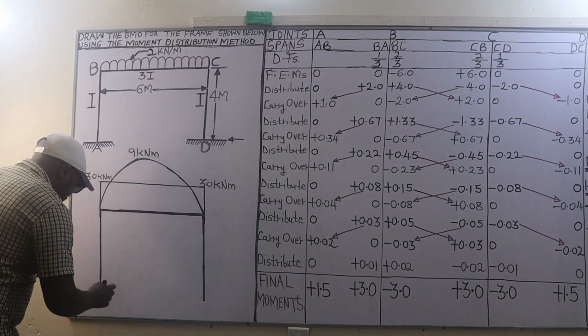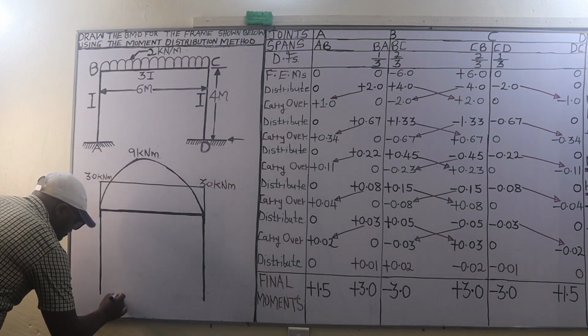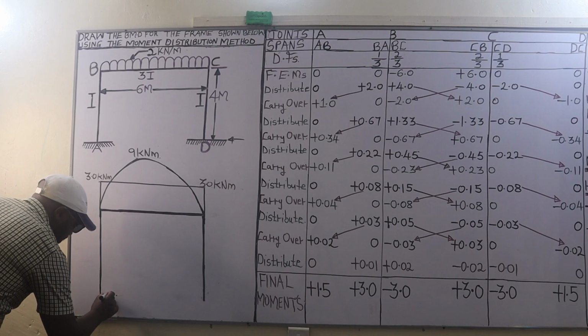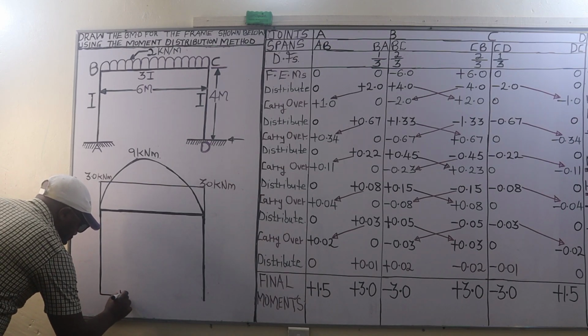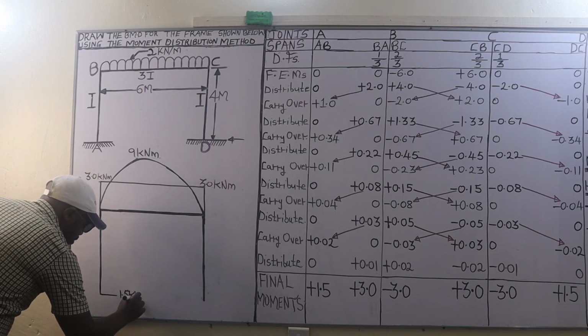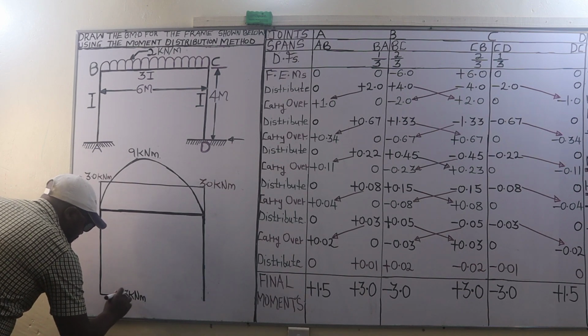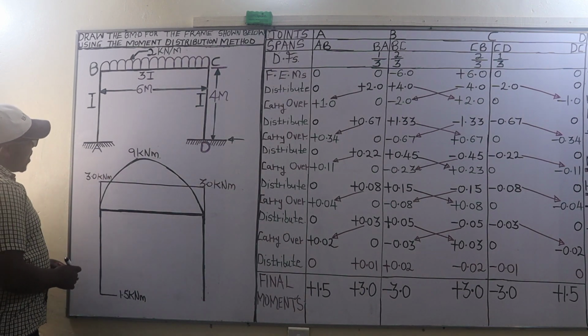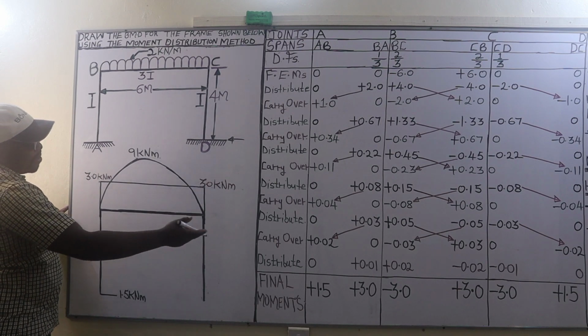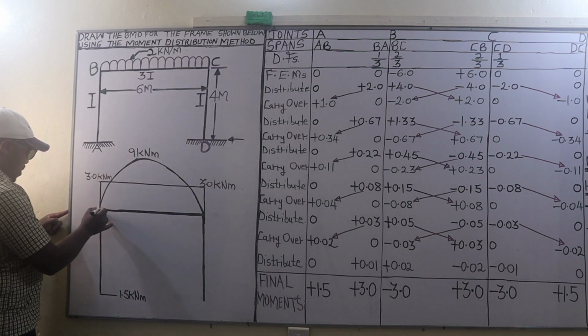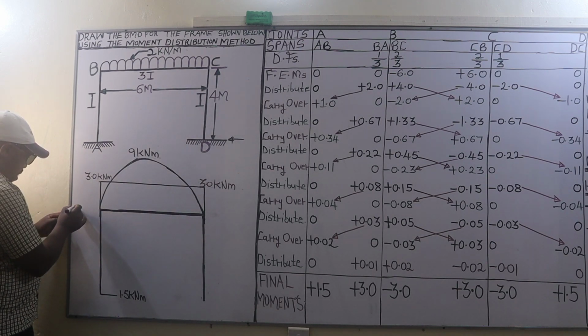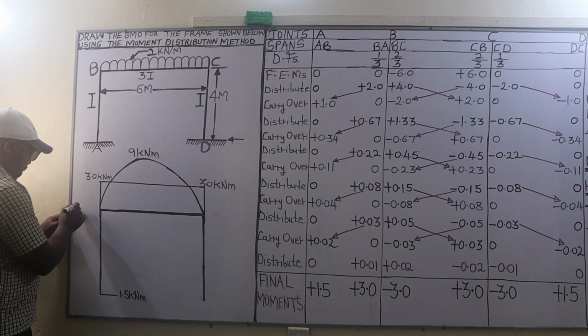That is positive 1.5. So let me approximate 1.5 to be at that point. So that is 1.5 kilonewton meters. Then on member BA, we got positive 3.0 kilonewton meters. Let me approximate it to be at that point, double 1.5.